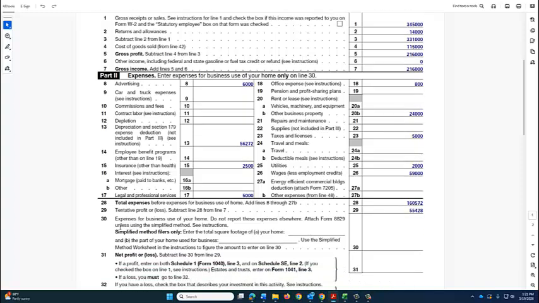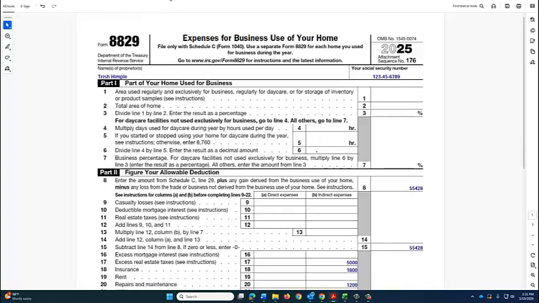So now we're going to work on line 30, where it's reporting the expenses for the business use of your home. So we're going to have to attach Form 8829 to calculate that deduction.